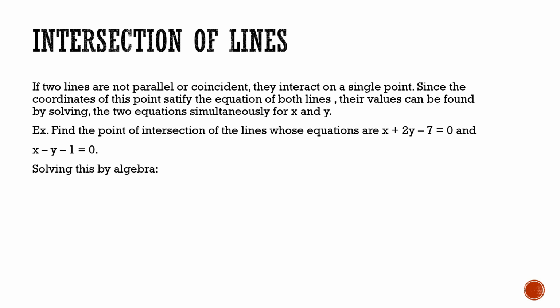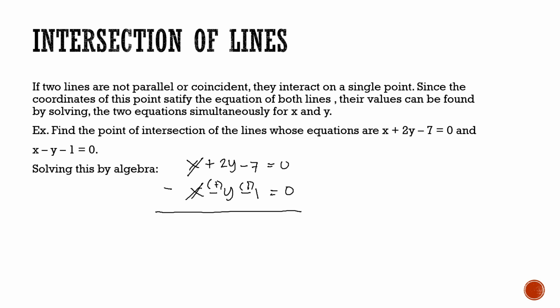So we rewrite the equations. If we're going to subtract, we can cancel the x term. Therefore, we change the sign of the subtrahend and we proceed to addition.